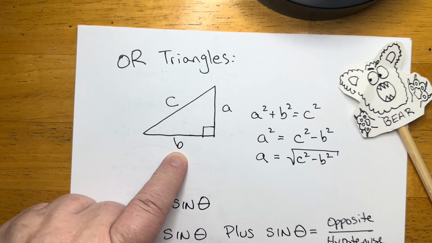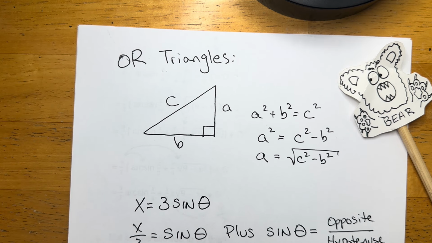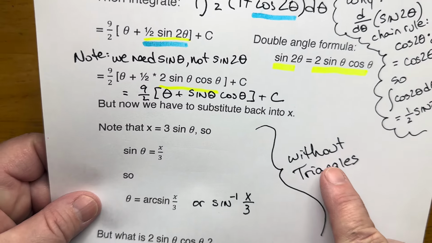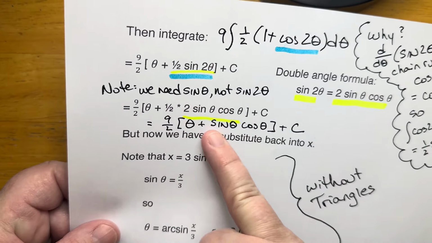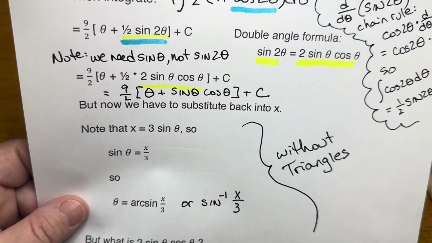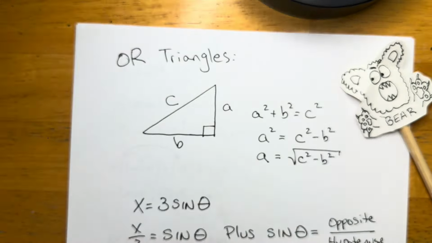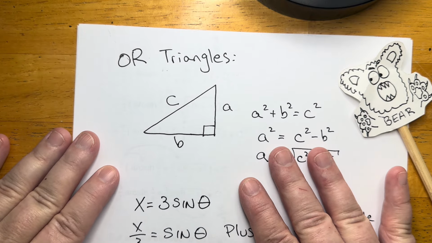This is going to come up, as you recall, I said without triangles. You've already done the integration, and now you have to rewrite this back into x. So when you're translating back into x, instead of doing all of this, you can use the triangles instead.